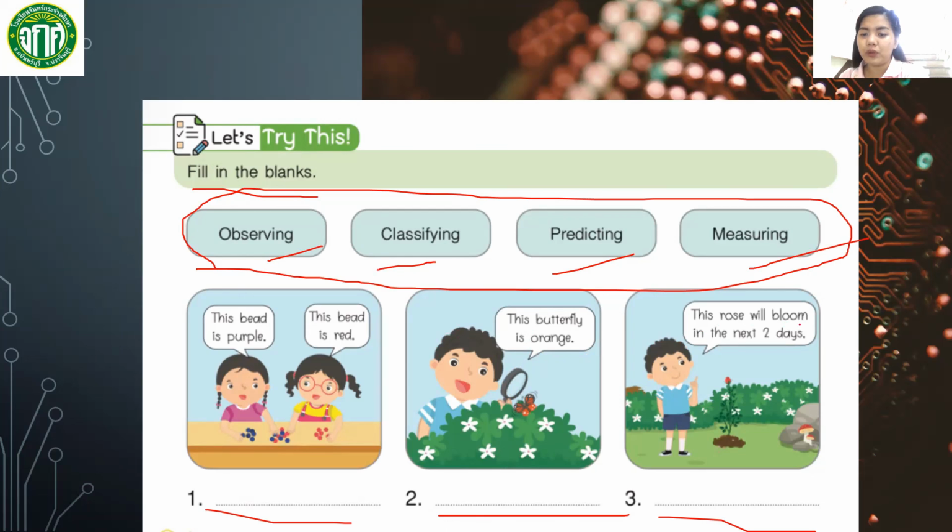This rose will bloom in the next 2 days. What is the boy doing here? He is observing, classifying, predicting, or measuring. What do you think is the proper answer? You have to write it here in the blank.